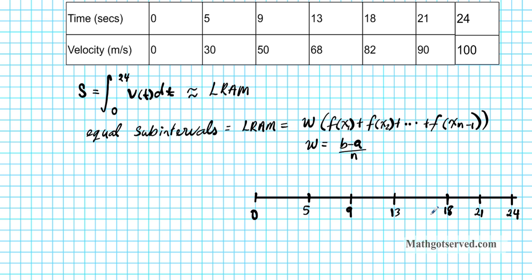We can see that our intervals are varying from 5 to 4 to 3. They're not even.